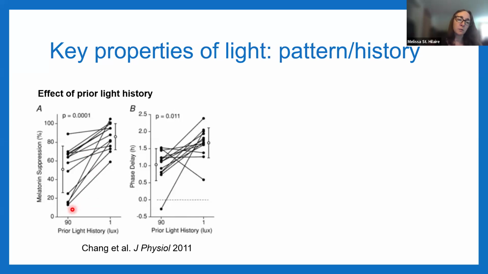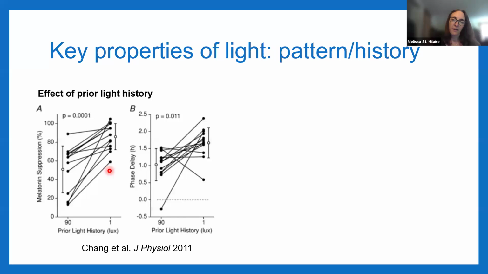And so what this is basically showing is that if somebody had been in an intensity of 90 lux prior to a light exposure to elicit either melatonin suppression or phase delay, they would actually have a much lower effect of that subsequent light exposure than if they were in a dimmer light condition prior to going into that light exposure. And that's actually very consistent with the physiology.